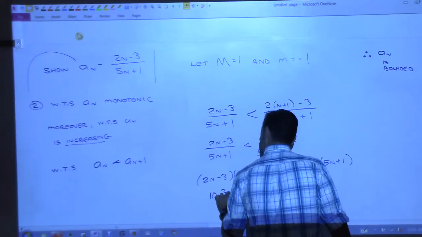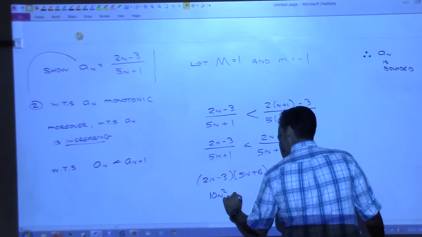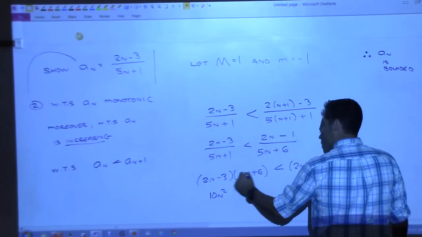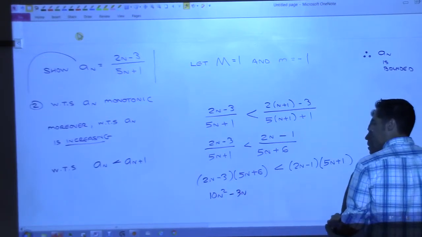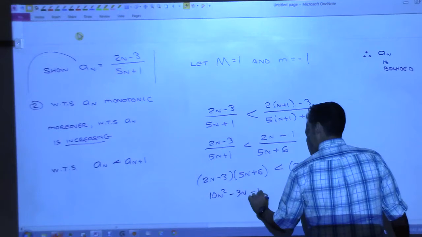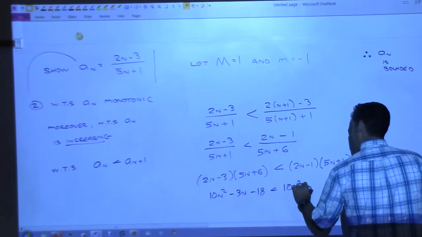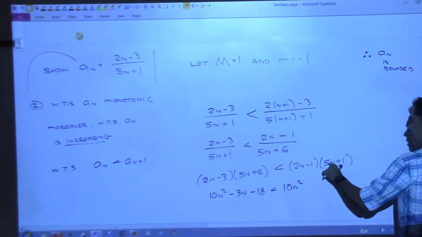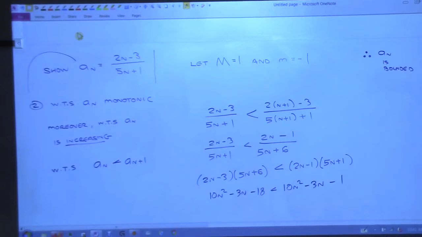10n squared. 12 minus 15. I think I'm getting, wait, is that right? 12, take away 15. Minus 3n. And then minus 18. Less than 10n squared. 2n minus, so minus 3n again. And minus 1. You all with me?